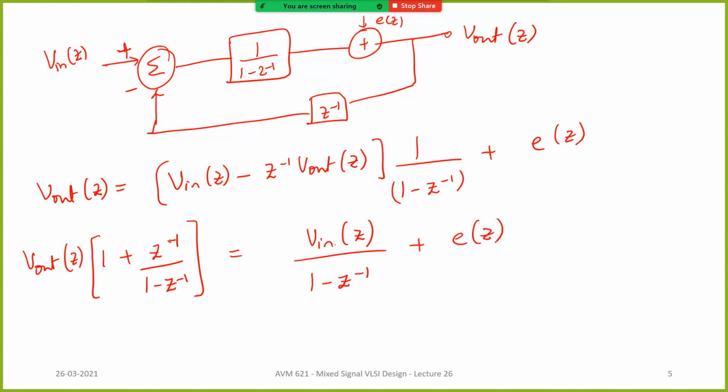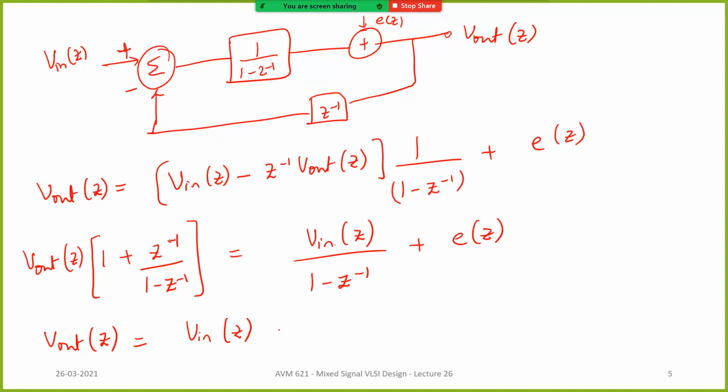Correct? Now this left hand side term, 1 plus Z inverse by 1 minus Z inverse, what will you get? Z inverse will cancel out in the numerator, 1 by 1 minus Z inverse, right? So V out of Z can be written as V in of Z, right? 1 by 1 minus Z inverse goes the other side, it is in the numerator. The numerator and the denominator cancel out for V in.